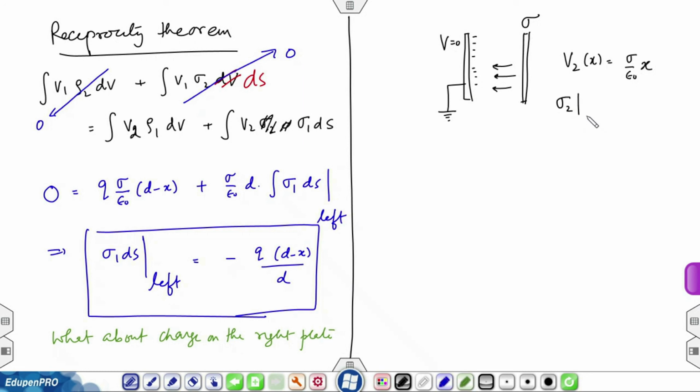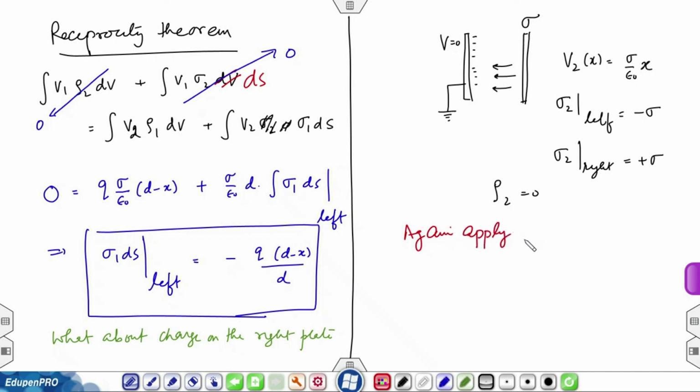Sigma 2 left is minus sigma, sigma 2 right is plus sigma, and rho 2 is 0. Again, apply reciprocity theorem, and you are going to get integration sigma 1 ds on the right plate to be equal to minus q x over d. This is left as an exercise.